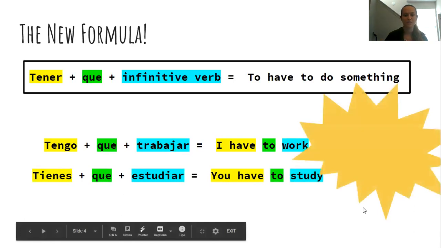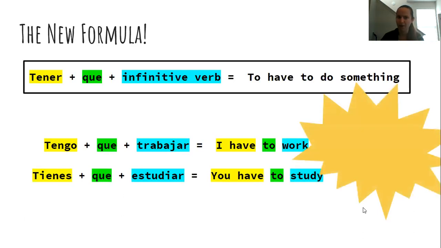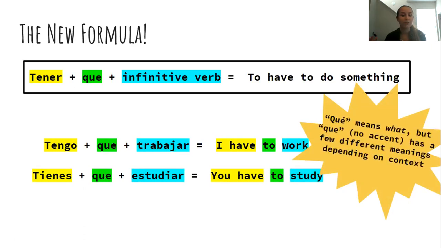Now, you might be noticing, wait a minute, I thought that que meant what? What's going on here? We've been talking about the importance of accents. Que with an accent on the E does mean what. But when que has no accent, it no longer means what. It means a few different things depending on the context. We can't have this whole phrase without having que.